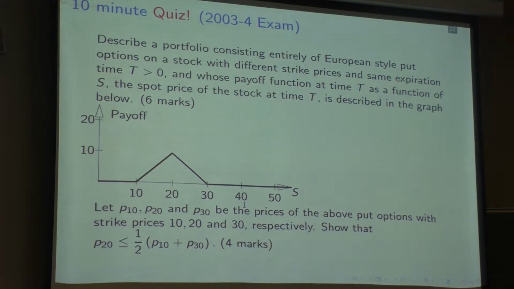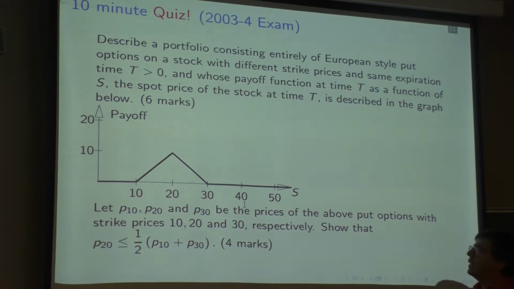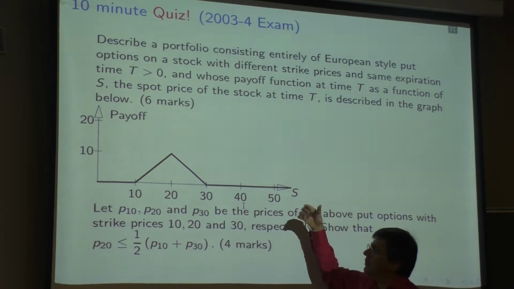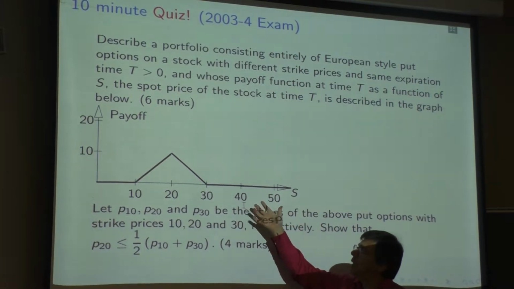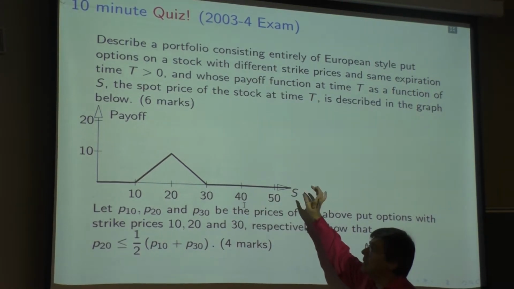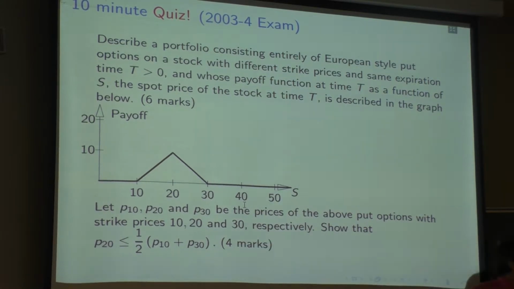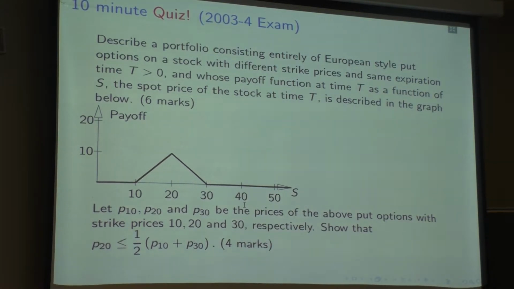But what I want from this portfolio is that at time t, at expiration, I get a payoff which is a function of the underlying asset price at expiration, and that function is that. Okay?